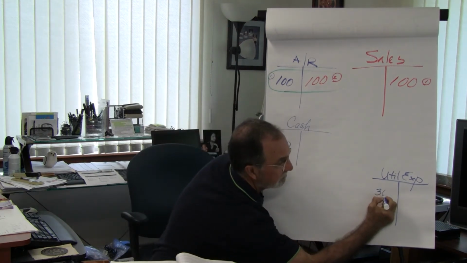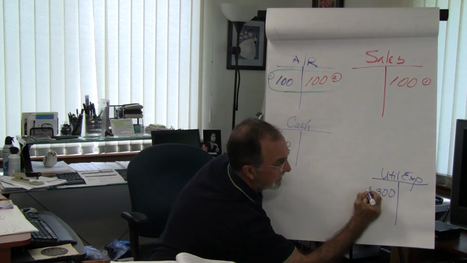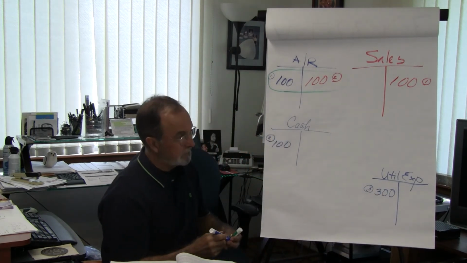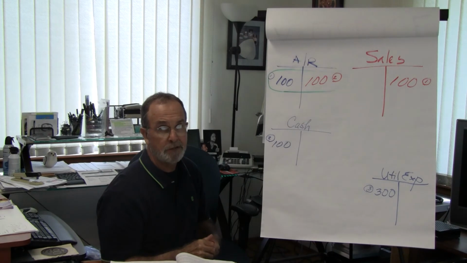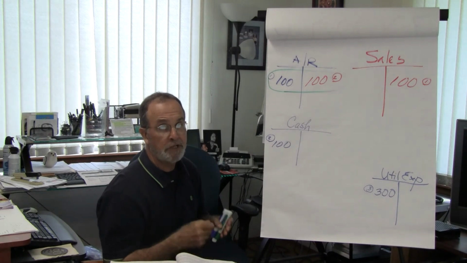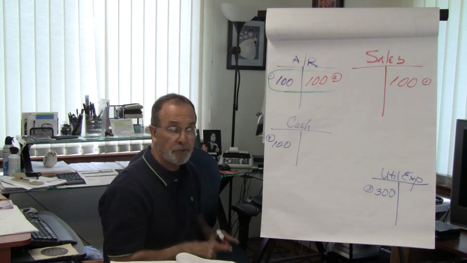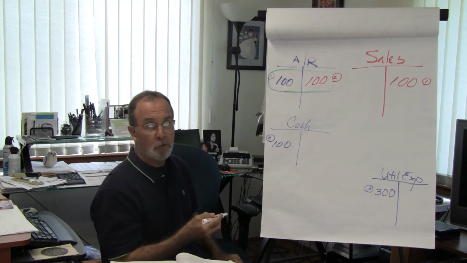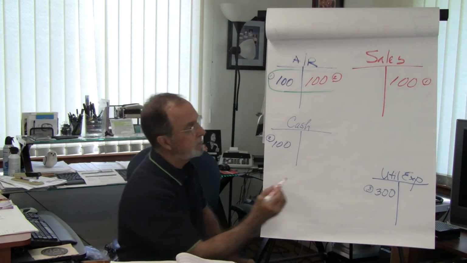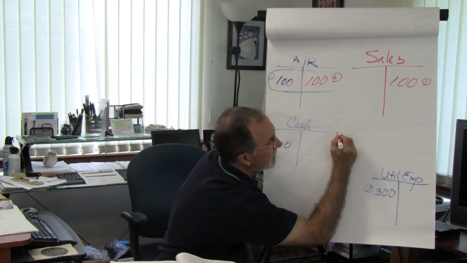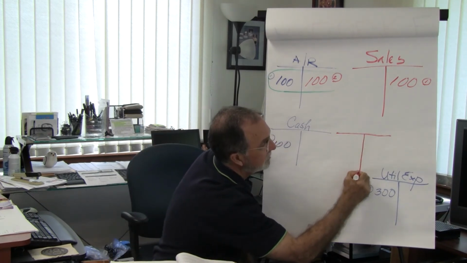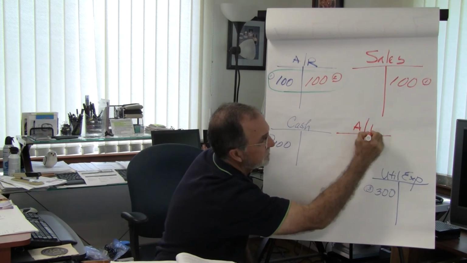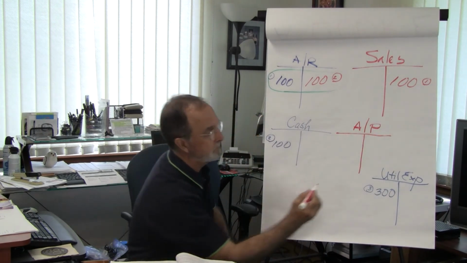So we would add a $300 debit to utility expense to show that we have incurred that expense this month. Since we have not yet paid for it this month, we will be paying for it next month. We need to show that we owe that amount. And we show amounts owed with a liability. In this case, we can call it accounts payable.